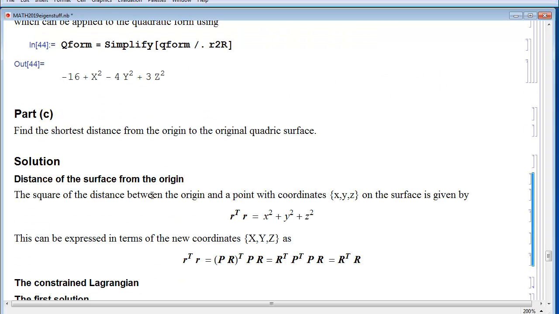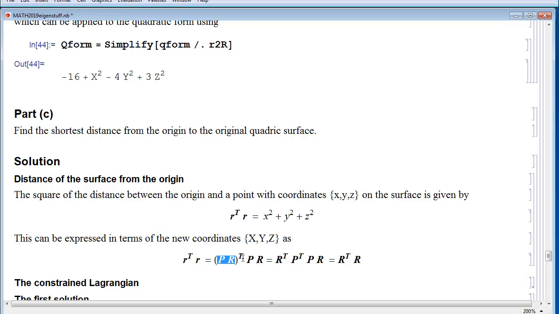So the square of the distance between the origin and a point with coordinates x, y, z on the surface is just this. And this can be expressed in terms of the new coordinates as this. So R transpose R is equal to, or little r is PR.